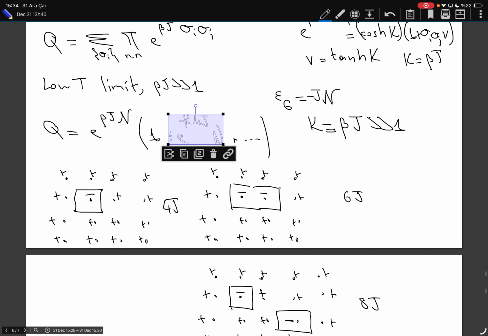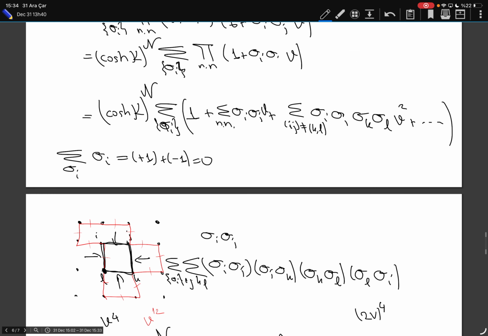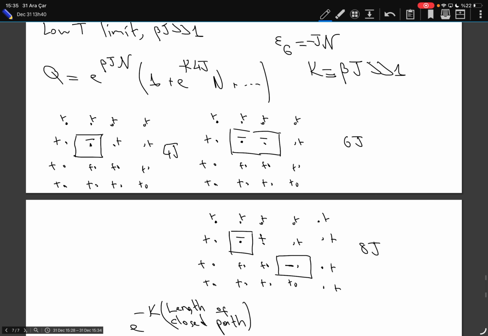But then you see, on one hand here I have the high temperature expansion, which I wrote as a sum of closed paths on my lattice. Here I also have, in the low temperature limit, another expansion as a sum over closed paths. But there is an important difference though.